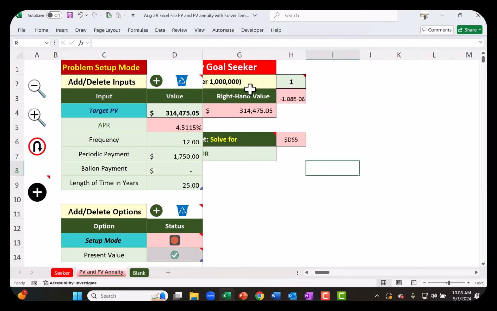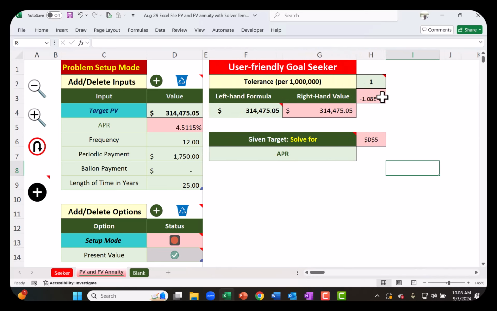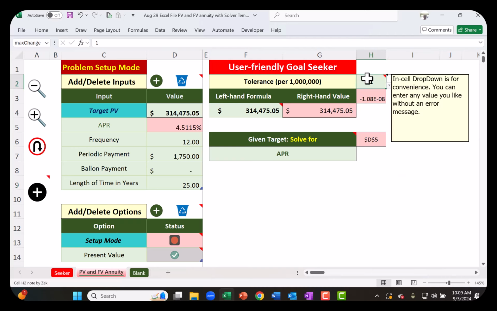Oh yeah, it already says it here. The difference between the left-hand formula and right-hand formula, you're willing to let it be smaller than 1 part in 1 million. For most problems, that is good enough.